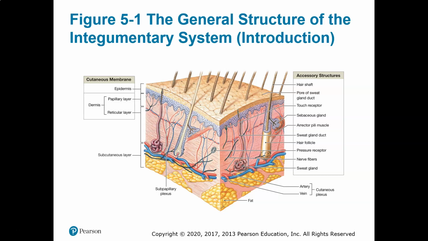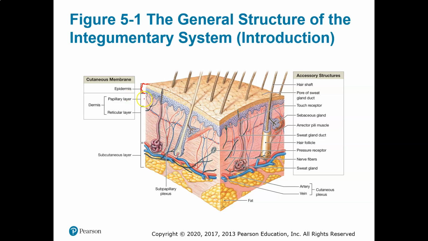This is a cross-section through skin all the way through from the epidermis down to the hypodermis, and we'll just look at the different parts. This layer here is the epidermis. The cells that still have a nucleus that are shaded kind of a light purple are living cells, and the cells that are brown are dead and filled with keratin.